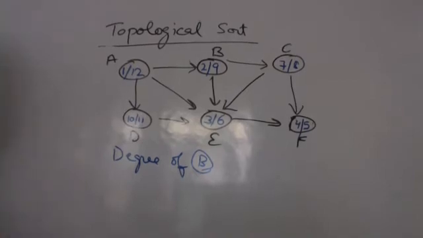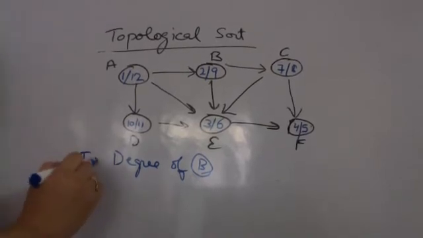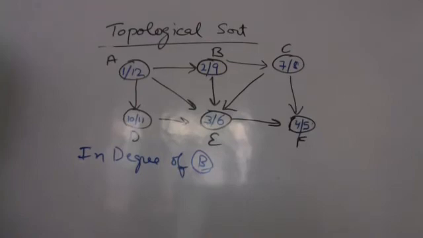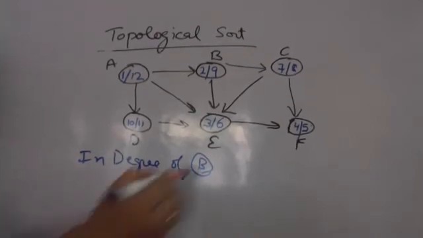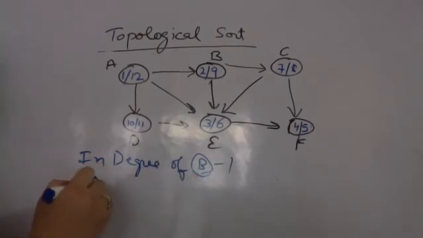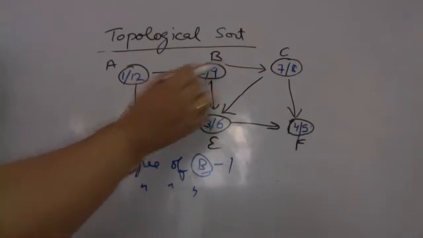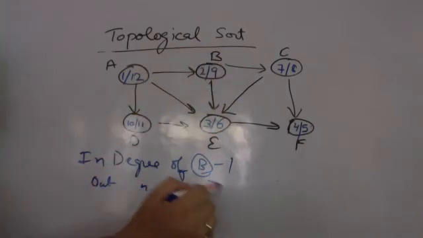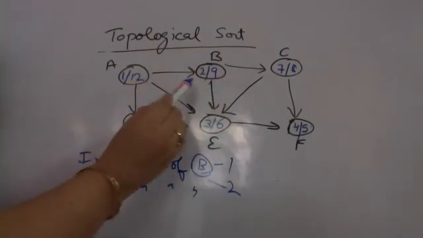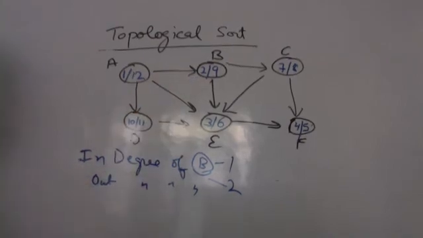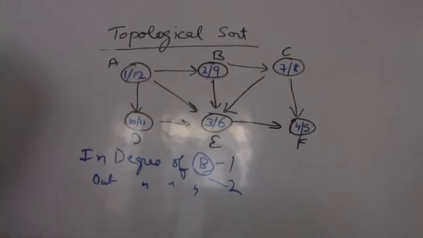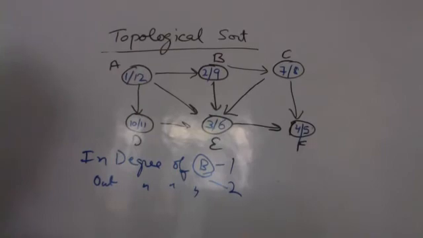Thank you so much. You do understand. What is the in degree of B? 1. And what is the out degree of B? 2. There are two edges going out from B, so the out degree of B is 2. There is one edge coming into B, so in degree is 1. I hope this is clear to all of you.